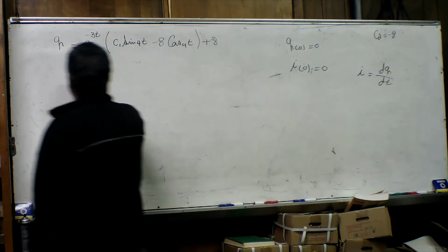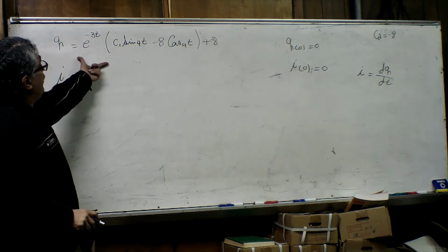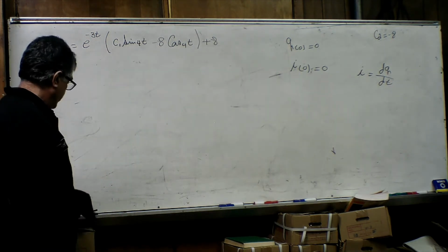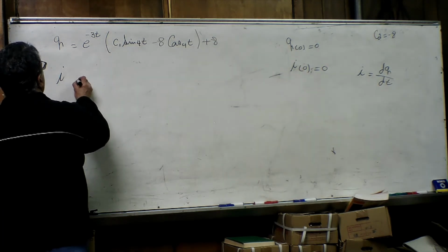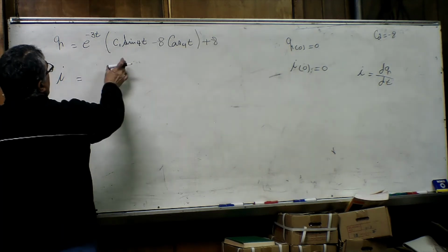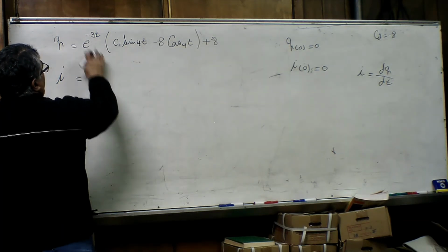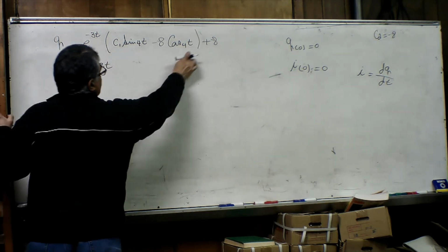So to find I, we need to go ahead and take the derivative of this. First one multiplied by the derivative of the second one.